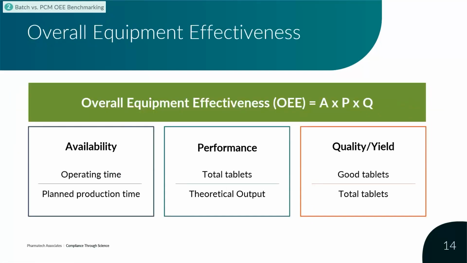To benchmark this process, I use, and I suggest to use, the well-known OEE equation, overall equipment effectiveness. I know that this is in the industry not always used in the same way. So some companies use it only for certain unit operations and have their specific definition about it.